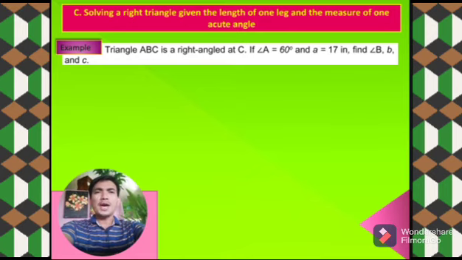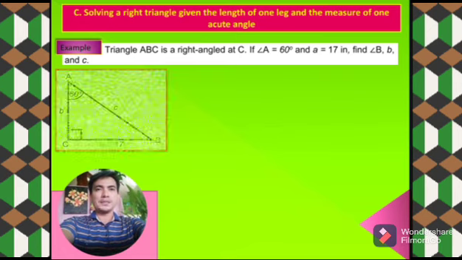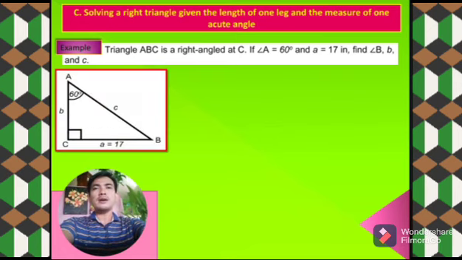Again, we have to illustrate how it looks like. Or simply, we have to label those given. So from the illustration, you have here, angle A is 60, and side A is equal to 17. Looking for the measure of angle B, side B, and our side C. Same pattern.